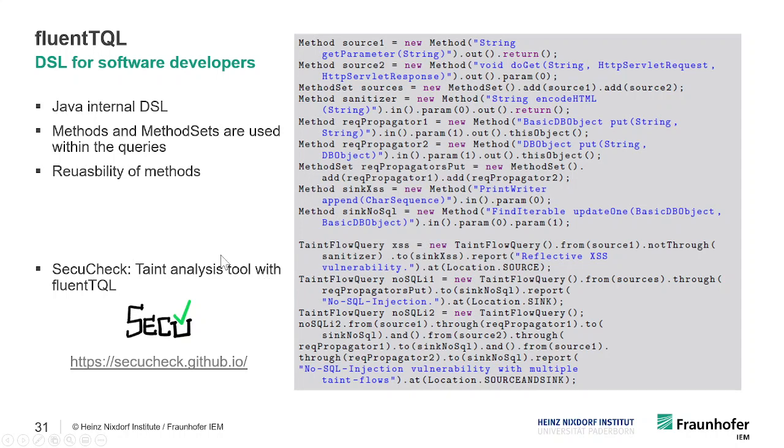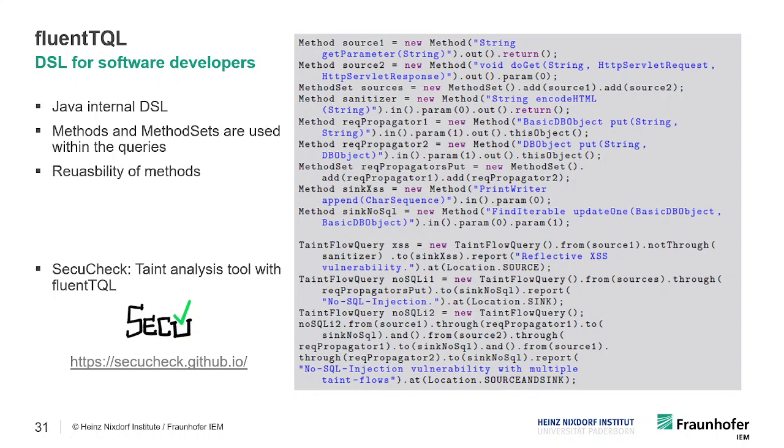If you're interested in this, you can have a look at our project that involves the development of this language. It is already open source, and we have quite some examples that you can have a look at and try on your own.